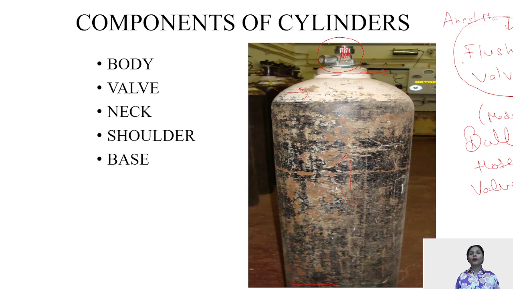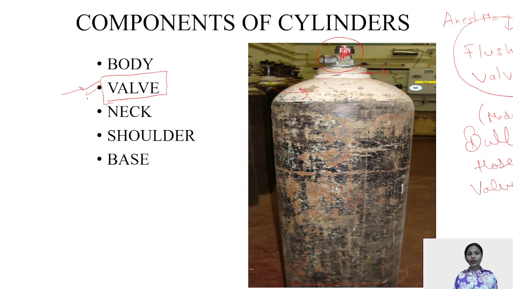And when we talk about these valves, what is the main function of these valves? These are the part of the cylinders which are used to withdraw and fill the cylinder with the gases. The valve is the most important part of your cylinder, which is used to dispense and also to fill the cylinder with the gas. And remember, I had talked about the hanger yoke assembly.